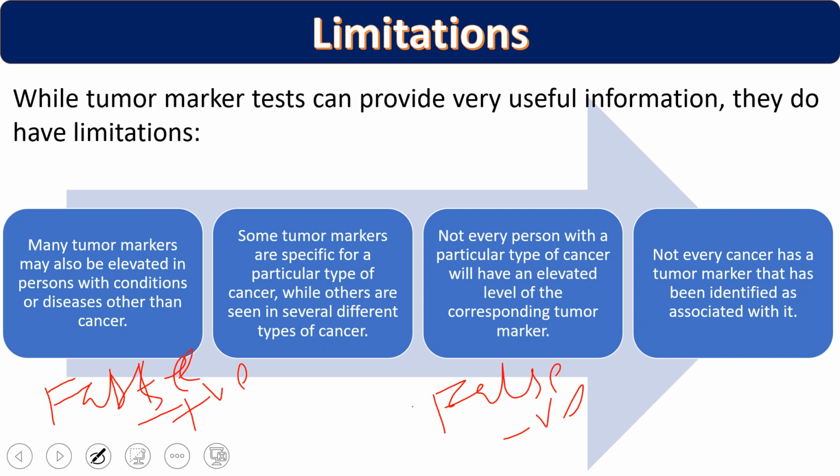And not every cancer has a tumor marker that has been identified or associated with it. So every cancer does not have tumor markers, and in every case a similar type of response will not be there. Means two different persons can have the same kind of cancer, but their tumor marker levels will be different. So tumor marker is not very specific.